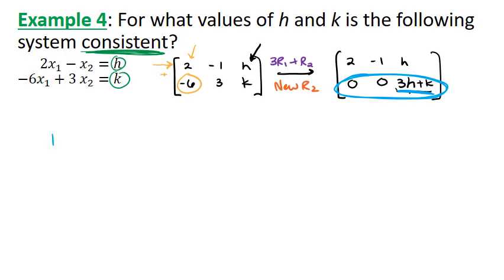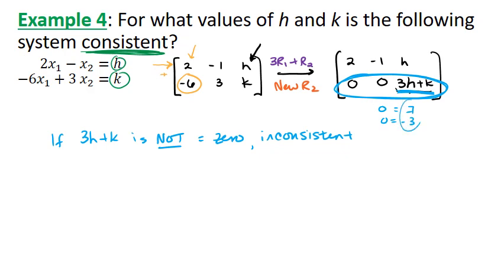Because if 3h plus k is not equal to 0, then it will be inconsistent. Because if this is not 0, then we'll have 0 equals 7, 0 equals -3. So if this is not 0, it's inconsistent.